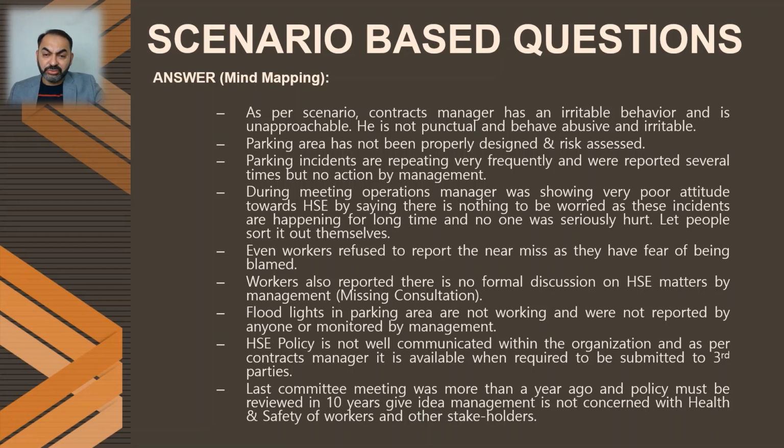They should be showing some commitment to health and safety, which is their moral responsibility, but he failed. The parking area has not been properly designed or risk assessed. Another failure of management, where they failed to identify workplace hazards and risks, and it is the responsibility of management to provide safe workplaces for their employees.